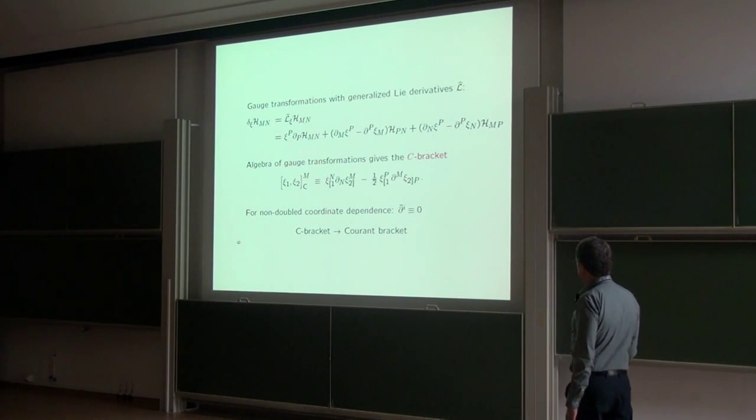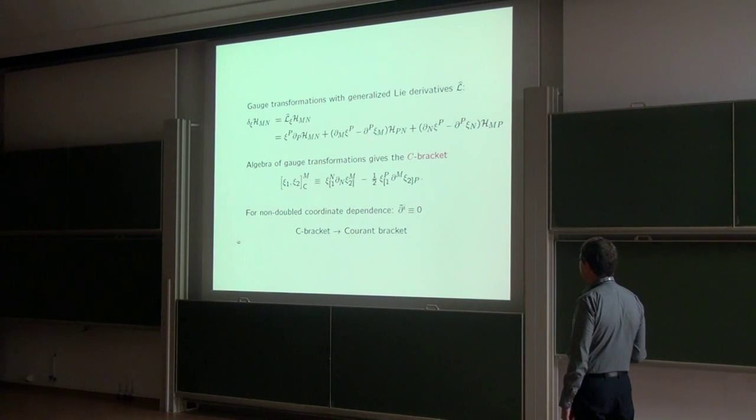The generalized Lie derivative has a few terms, like this one, the first one here, and the second one here, that are very familiar. But then it has some strange terms in which the indices seem to be in the wrong position. A derivative with an index up and a gauge parameter with an index down.